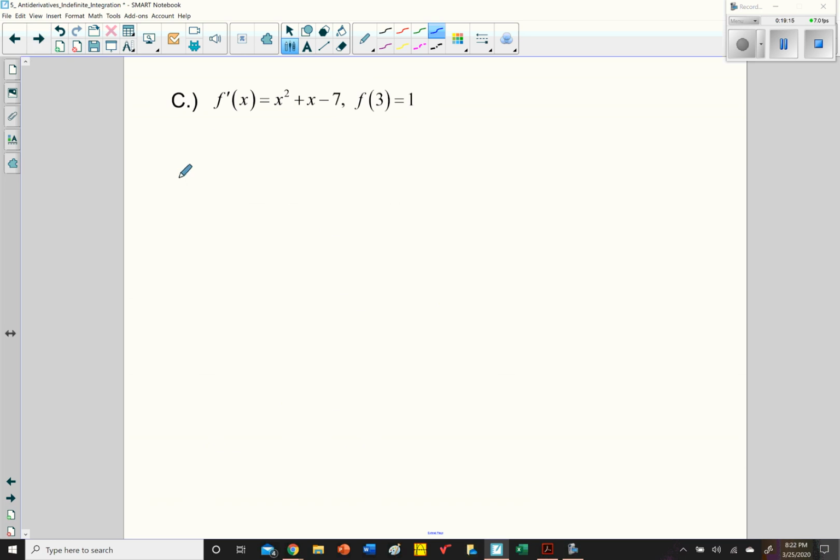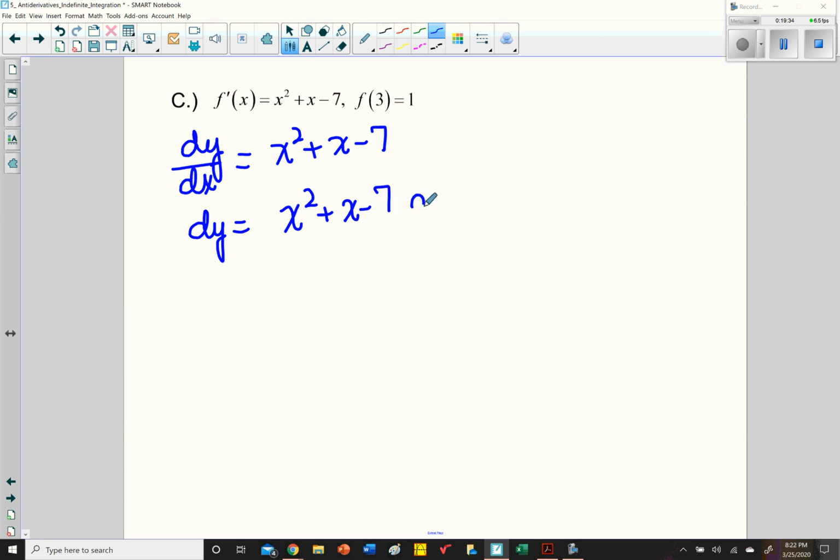Let's try this one. So we have a parabola where dy/dx is x squared plus x minus 7. We're moving the operator dx on the right side to pair up with all the variables of x.